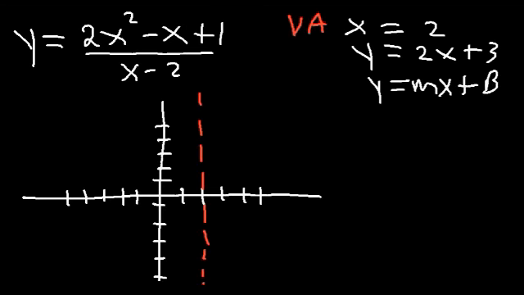So the y-intercept is 3. So the graph is going to touch the y-axis at 3. And the slope is 2, which is the rise over run. So it's basically 2 over 1. As you move 1 to the right, you need to go up 2. 1 to the right, up 2. Or you can go backwards, 1 to the left, down 2. And so we can graph a rough sketch of our slant asymptote.